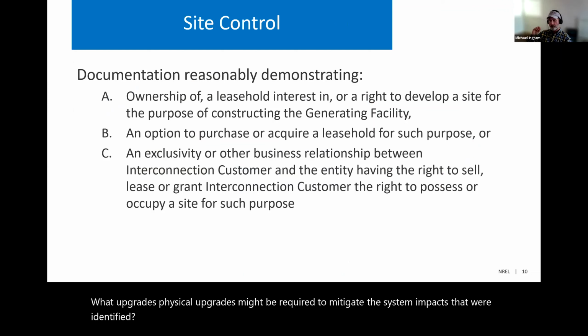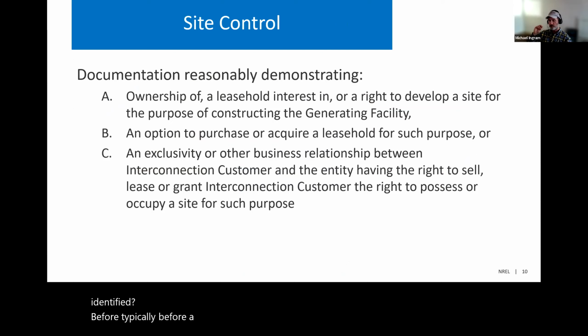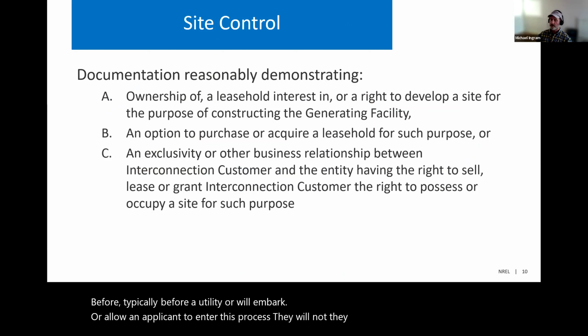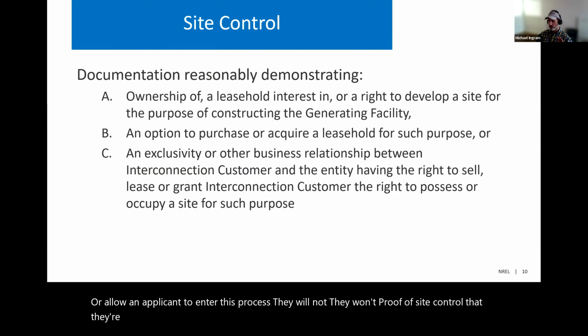Typically before a utility will allow an applicant to enter this process, they want proof of site control. They want to know that they're not just dealing with someone testing the system, so to speak, but that they have a genuine interest in the project. They have site control.